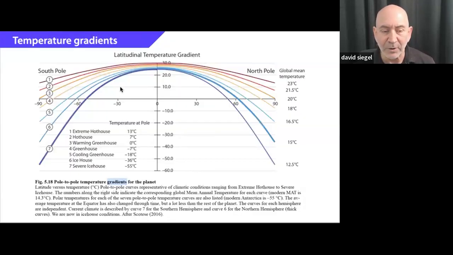So here's a summary of all these temperature gradients. This is latitudinal temperature gradient, or meridional temperature gradient. And here's where we are right now. This is our current temperature gradient, this thicker blue line. And you can tell we're not that far from severe icehouse.